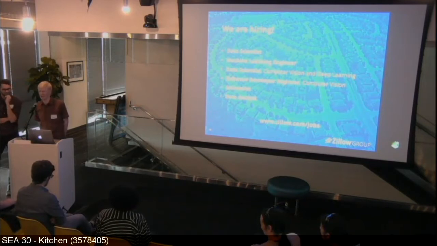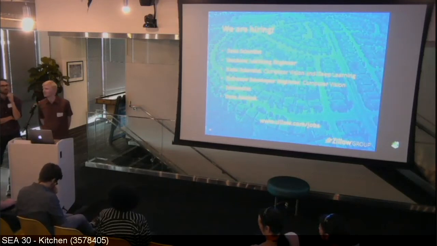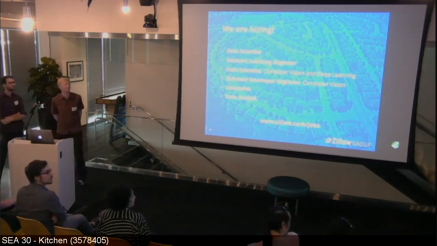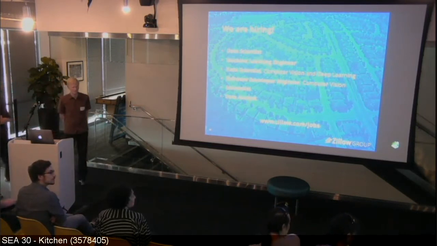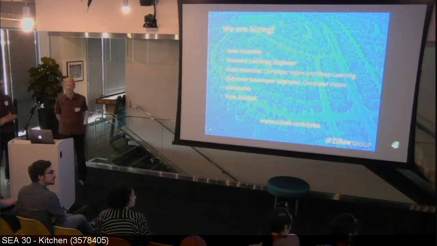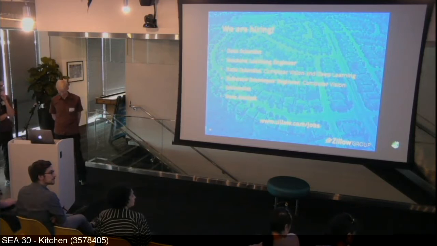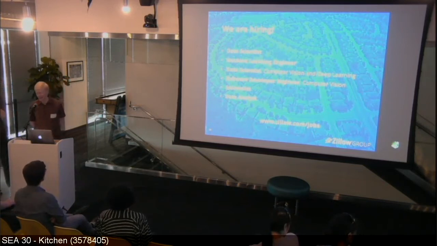We put estimates up on approximately 110 million homes, which is basically, as best we can tell, most residences in the United States. Two-word answer to that, which is secret sauce.